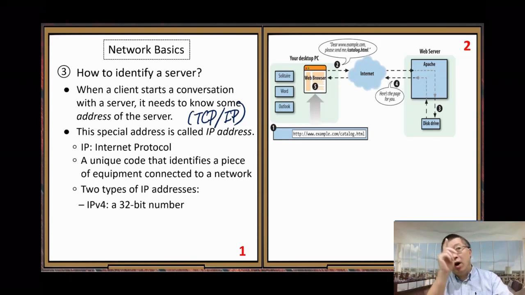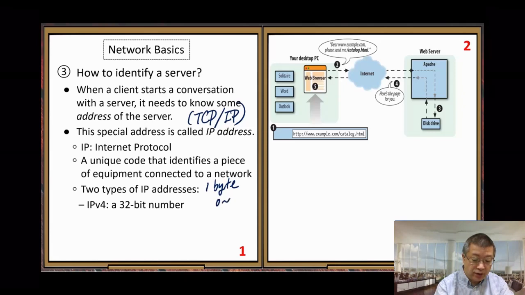We know 1 byte corresponds to 8 bits, so 32 bits is 4 bytes. So it's relatively short. 4 numbers, each number corresponds to a byte. One byte number corresponds to small integers, from 0 to 255.